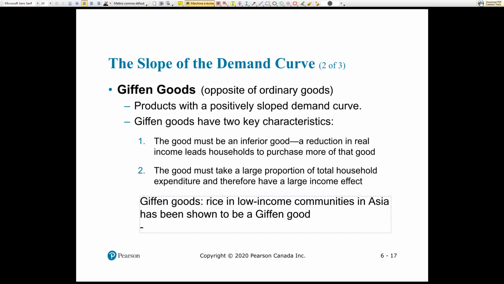Why? People can choose between rice, which is an inferior food, and meat, the superior food or the luxury food.